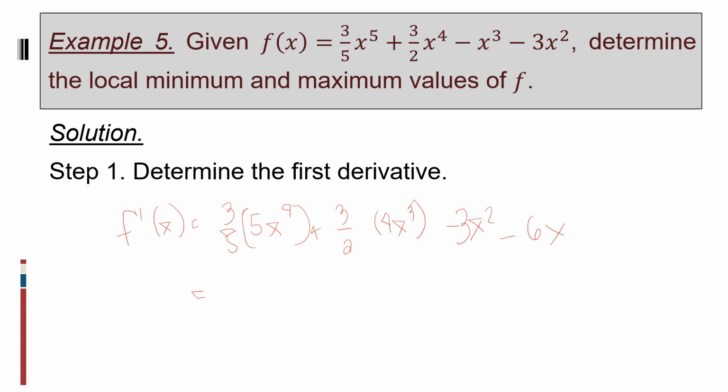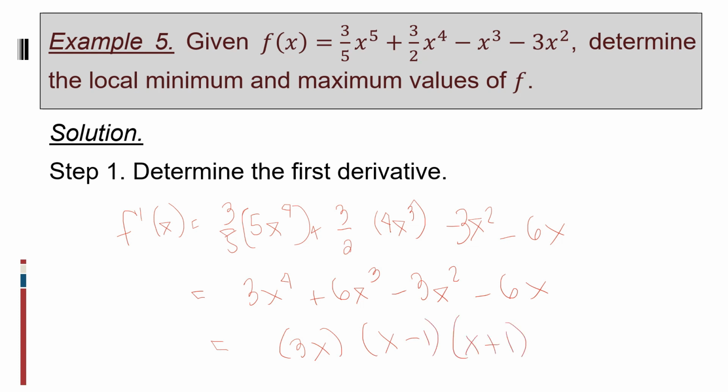Or that is equal to 3x raised to 4 plus 6x cubed minus 3x squared minus 6x. Or in factored form, that is 3x times x minus 1, x plus 1 times x plus 2.